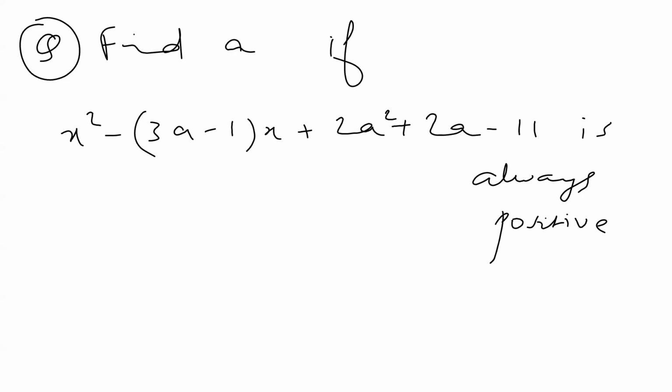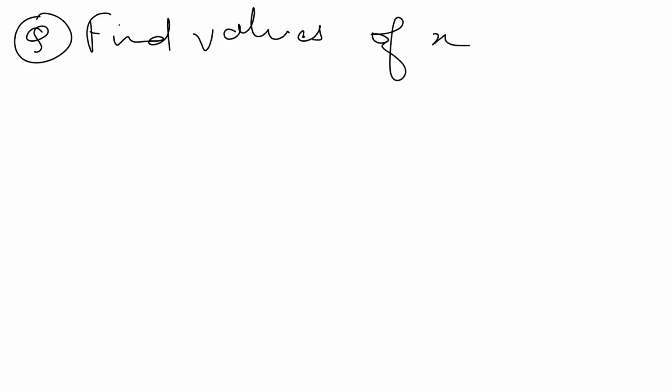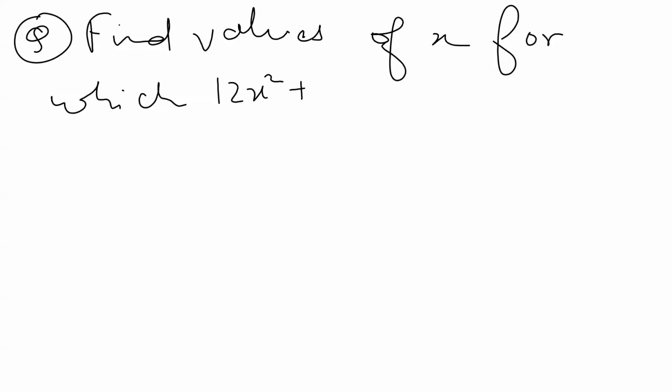One more extra problem. Find values of x for which 12x square plus 7x minus 10 is always negative.